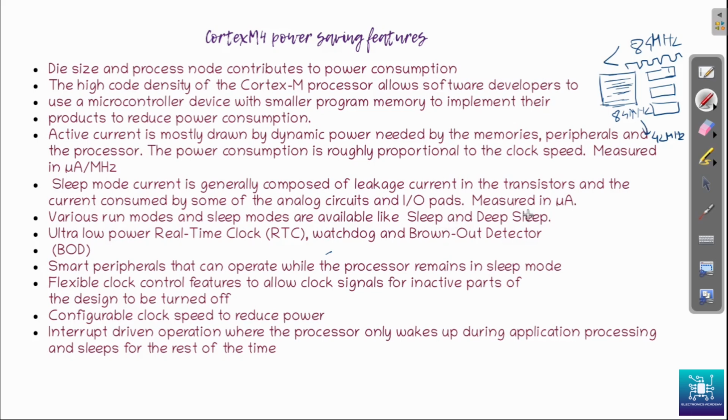Now, why not deep sleep all the time to save power? Sleep mode may have some advantages over deep sleep mode, which is why you might not want to put the processor in deep sleep mode all the time. Maybe the time taken to wake up from deep sleep and go into an interrupt service routine might be higher. So deep sleep may not always be the solution.